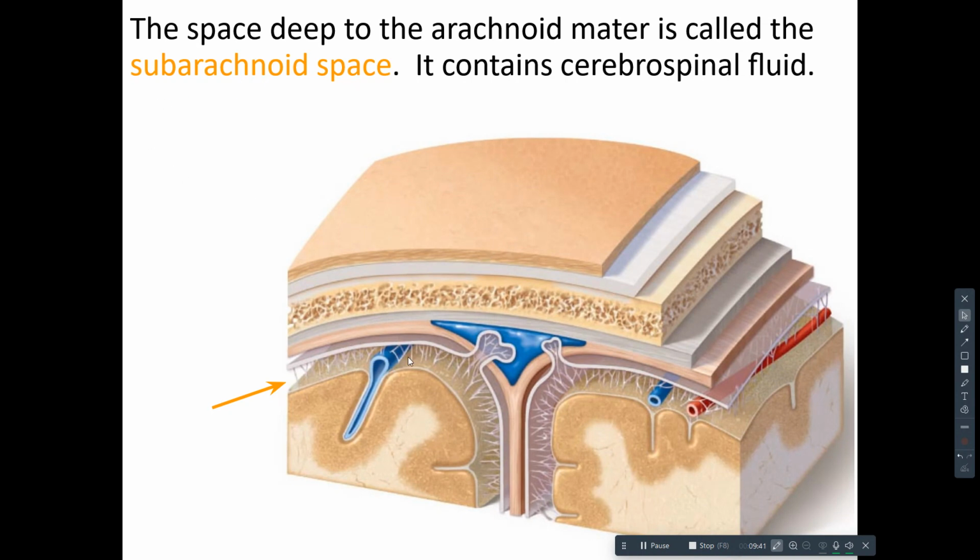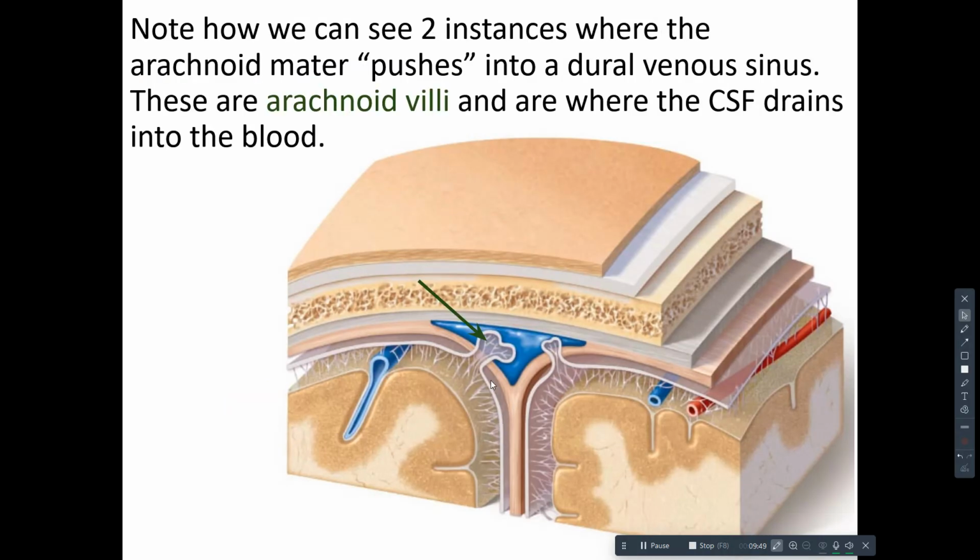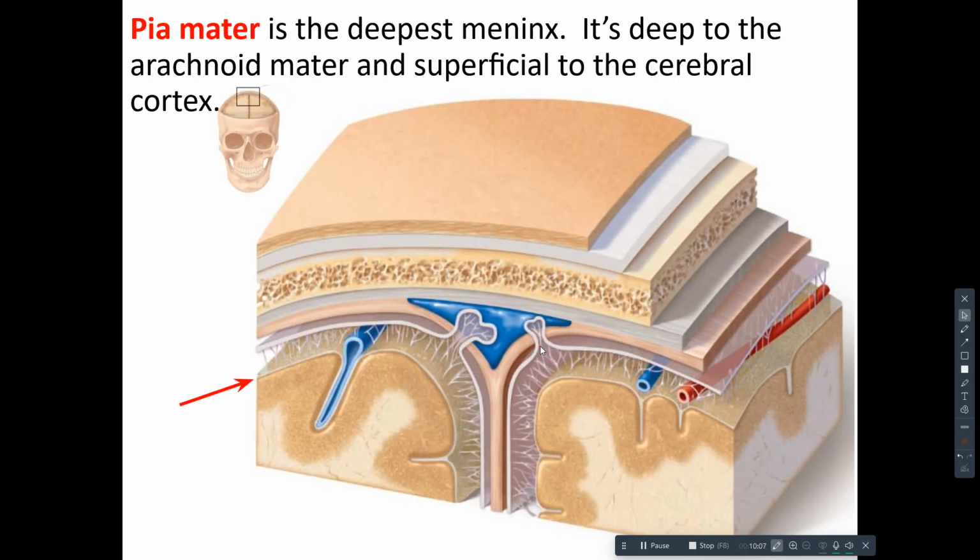This is where I will find the CSF that surrounds and protects my brain, giving it some shock absorption. Do notice how portions of the arachnoid mater bulge into the dural venous sinus? This is called an arachnoid villus. I see two arachnoid villi here. And like we mentioned a moment ago, this is where CSF is draining into the bloodstream.